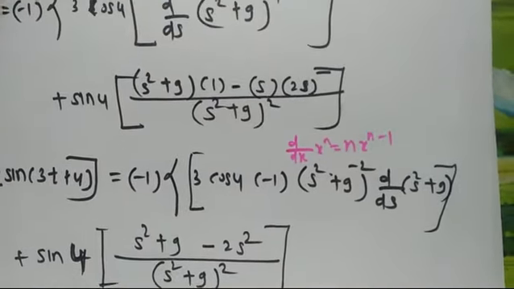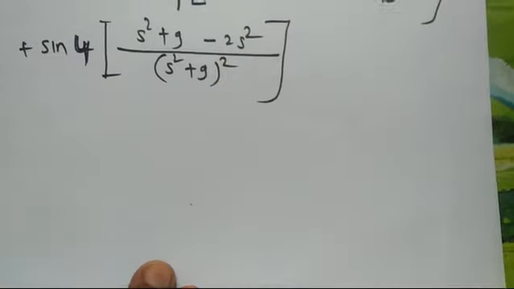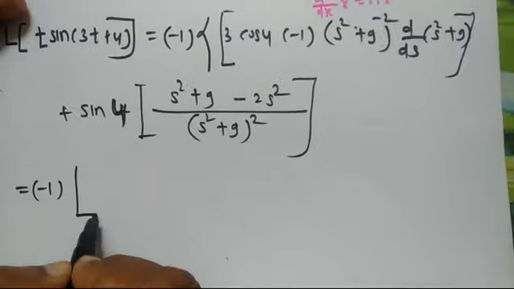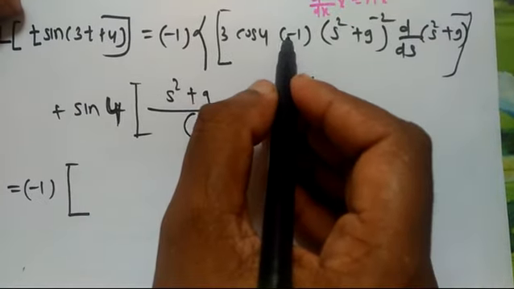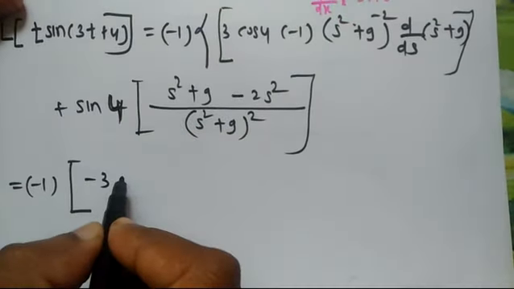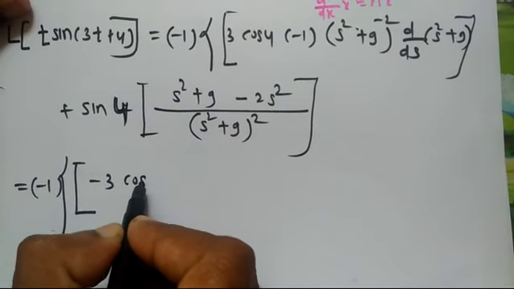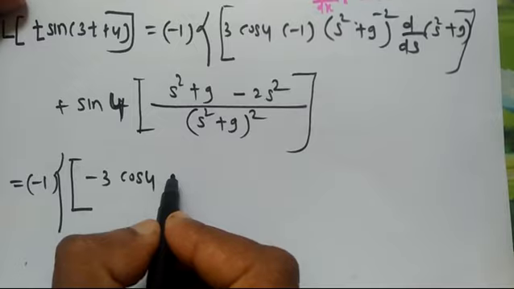So next, see here, minus 1. So see here, what will we get is minus 3. So this is the first bracket, minus 3 into cos 4.